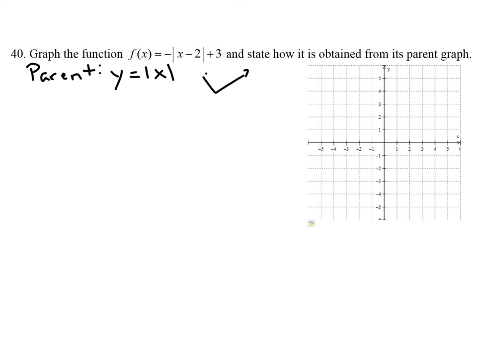Looks like this. But if we're going to apply transformations, then we need to plot at least a few points precisely. So maybe you remember that V has its corner here at the origin at 0, 0. And from there, it just goes up 1 over 1. Because the absolute value of 1 is 1, absolute value of 2 is 2, absolute value of 3 is 3, and so on.